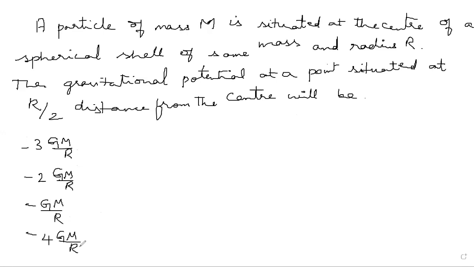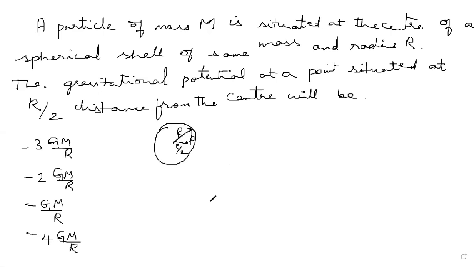Okay, so to solve this problem, let me understand the diagram first. We have the object in a circular shell. The overall distance from this point to this point is capital R, but they've told the point is placed at half, so the point P is at R by 2.